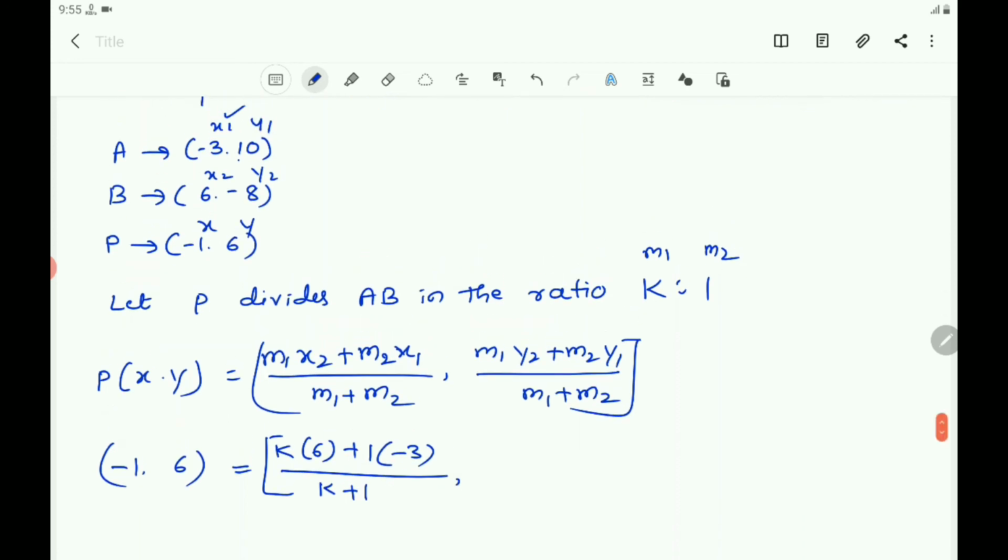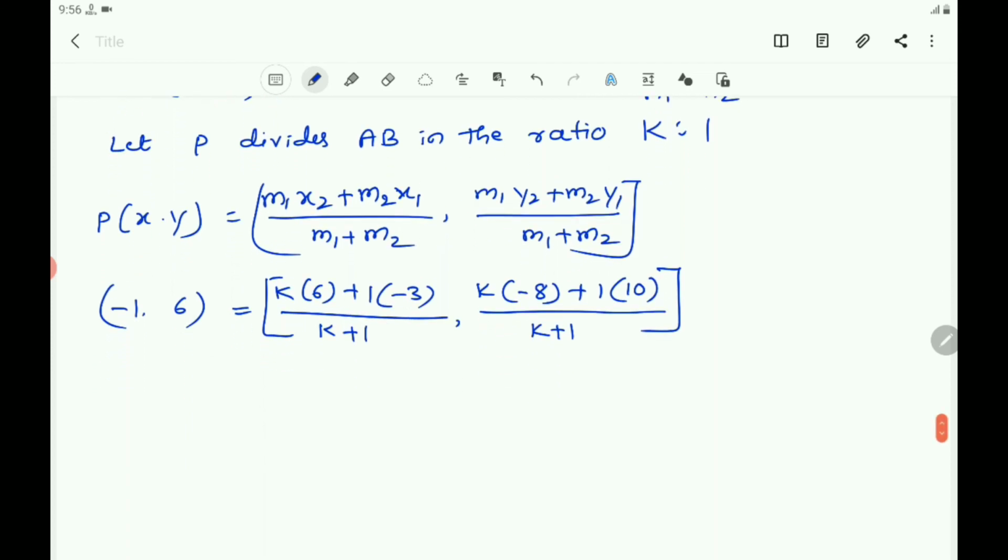Then again here M1 is K, y2 is minus 8, plus M2 is 1, y1 is 10, by K plus 1. Then (-1, 6) equals K into 6 is 6K minus 3 by K plus 1, then K into minus 8 is minus 8K plus 1 into 10 is 10, by K plus 1.